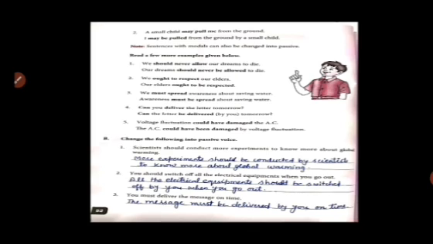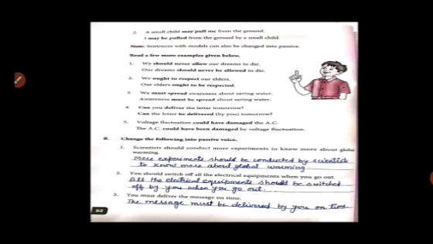All the electrical equipments should be switched off by you when you go out. You must deliver the message on time. The message must be delivered by you on time. In these 3 sentences, you can see should, must.